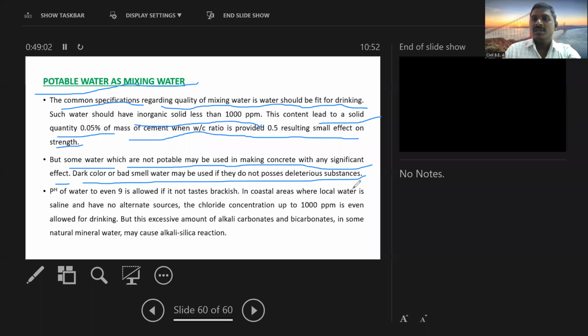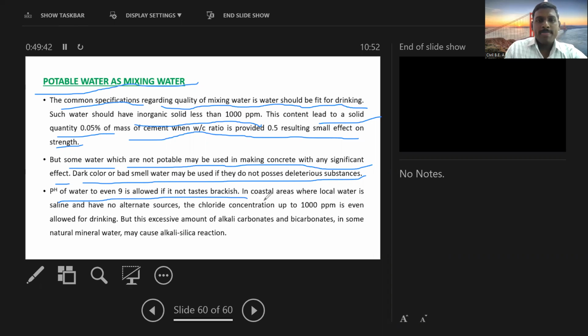So we cannot use the bad smell water or dark color water for the construction, so that chloride and sulfate attack will not be there on aggregates, cement, and reinforcement also, which we are providing in the concrete as an RCC structure. And the pH value of the water, even 9 is allowed if not blackish taste. So a pH value of 9 is also not allowed for construction water.